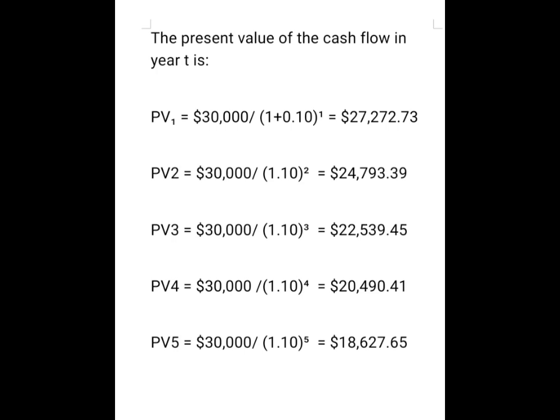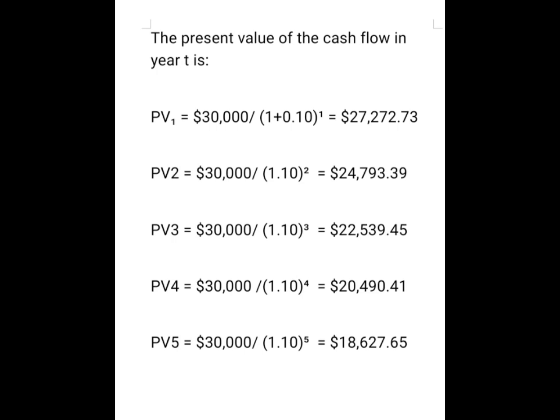Next is the present value of year 2. 30,000, the same process, divided by 1.10 raised to 2 years, equals 24,793.39 US dollars.